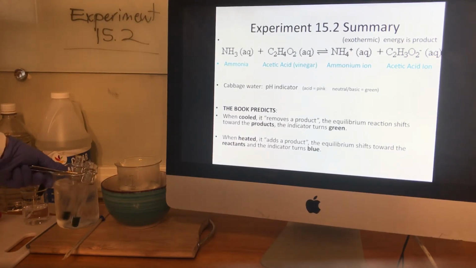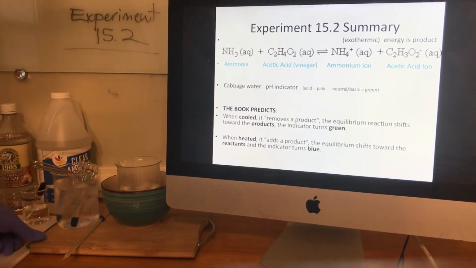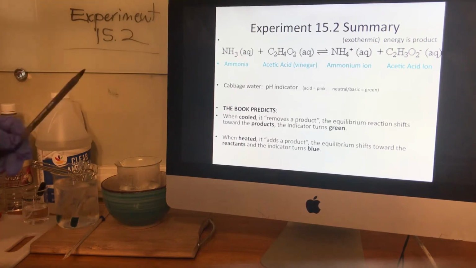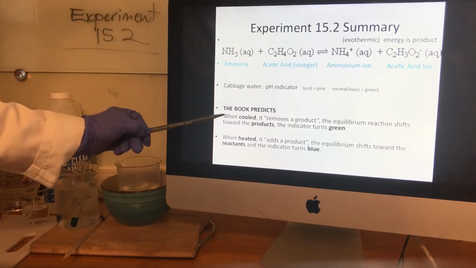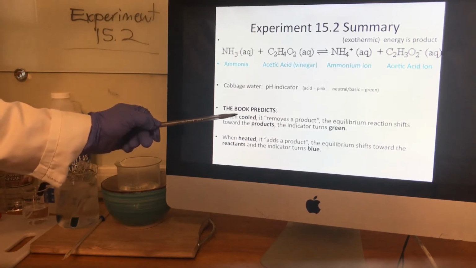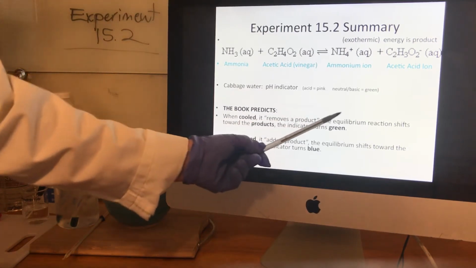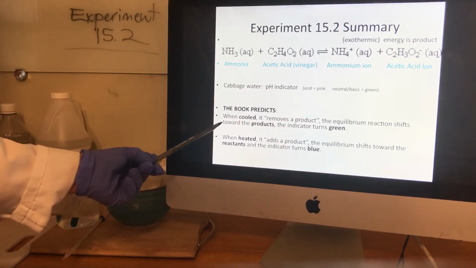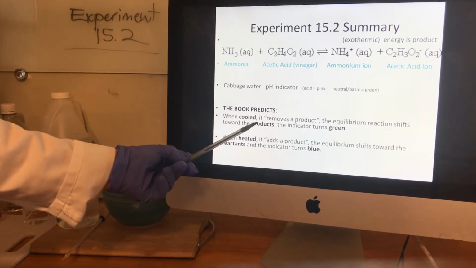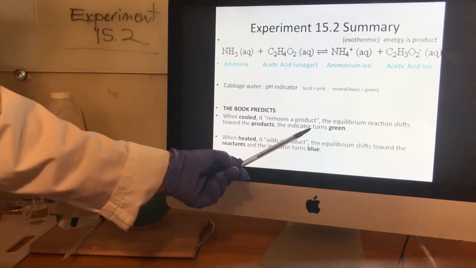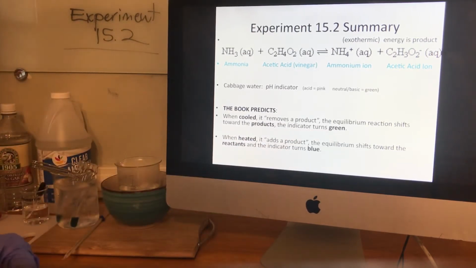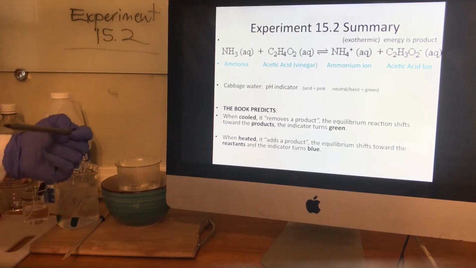Actually, it's been about 3 or 4 minutes, but we're looking to see beyond that point that if the test tube stays cooled, the equilibrium reaction should shift toward the products, and then the book predicts that the indicator would turn or remain green.